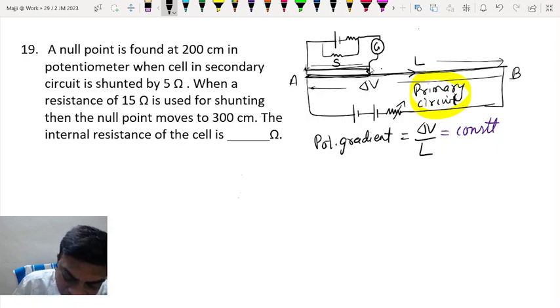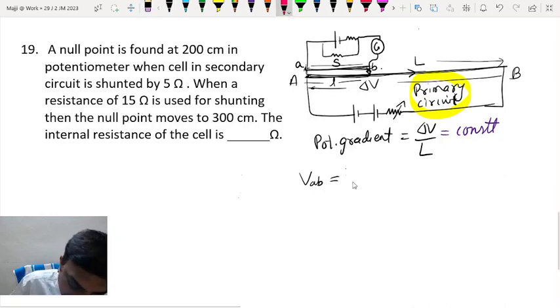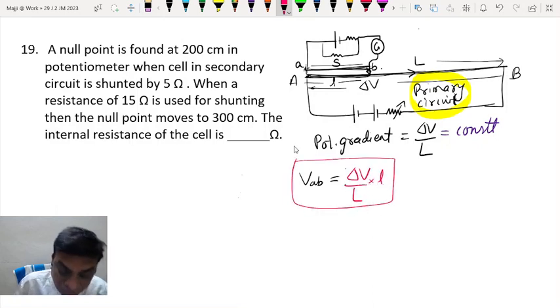So if I take the potential difference as VAB, which is being balanced, and if L is the balancing length, then I can write it is equal to the fall in potential per unit length, that is the potential gradient, multiplied by the balancing length. This is the principle of potentiometer in essence. Most of the problems revolve around this concept.